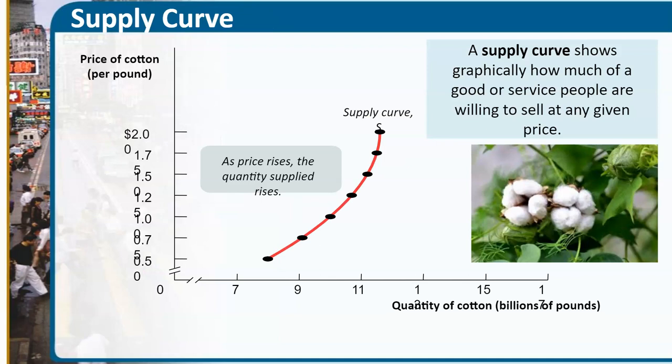So as a result of this, when the price rises, supply will also rise. And this is the profit motive at work. Businesses want to make money. They have incentives to do so. And in order to make this happen, they are looking for prices to rise. As those prices rise, the quantity supplied will also rise in terms of what we see here. So this gives way to the upward sloping supply curve that we see here.